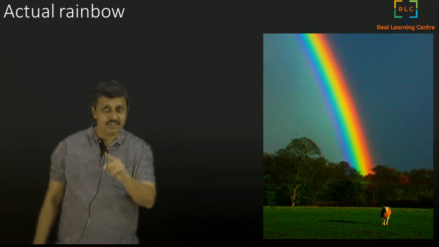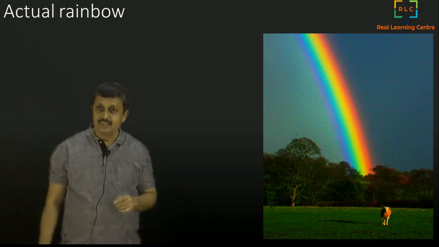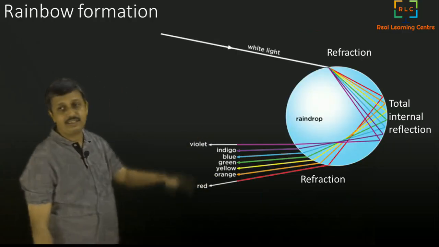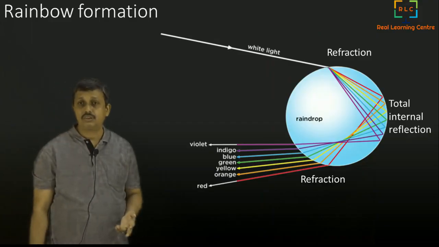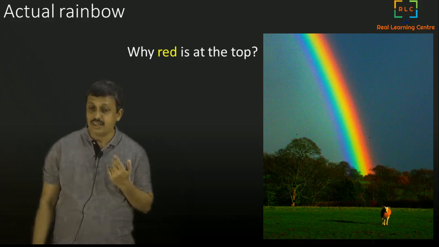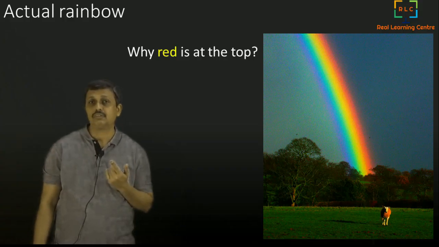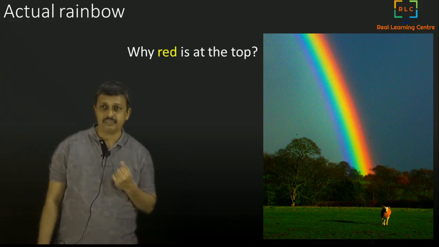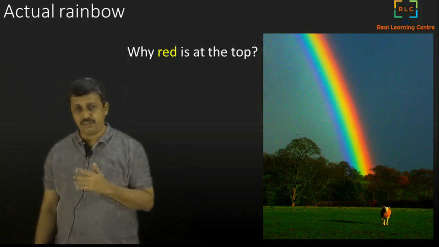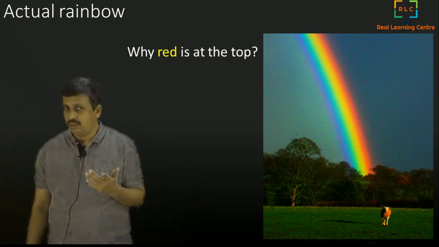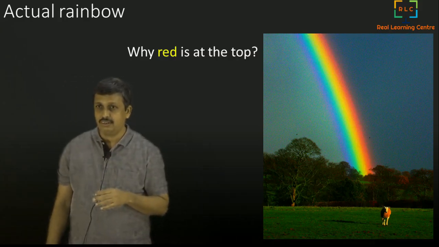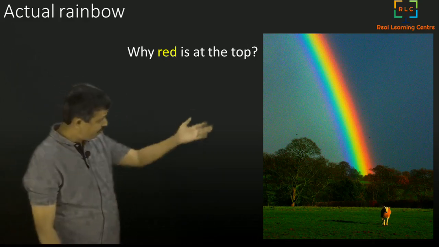But you have seen in our previous slide very clearly that red is at the bottom and violet is at the top. So what is wrong with our explanation? Why is red at the top? That is the question. How can you explain this? It is an interesting question to explain. Either your understanding is wrong or our explanation is wrong, because our observation says that red is on the top.